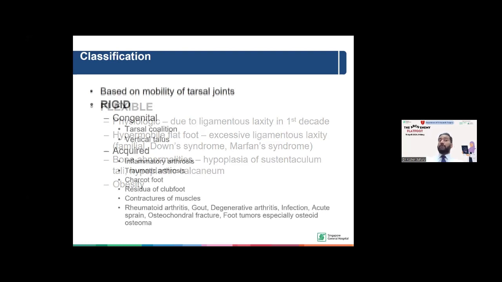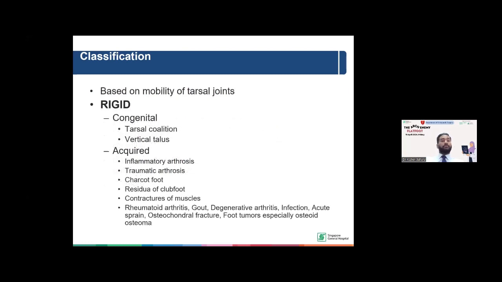When you're looking at the rigid type, this can be a little bit more tricky. There you have the congenital group, which have what we call tarsal coalition, which is abnormal formation of bone or fibrous tissue. Vertical talus, which means the talus, which forms the keystone of the arch, is abnormally shaped.